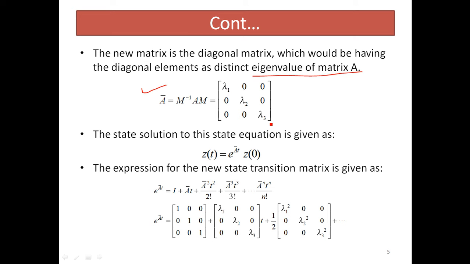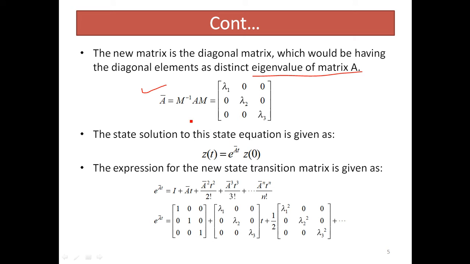So here the main thing is to determine the value of M. In turn, you can calculate the value of M inverse. Simply multiply M inverse into A into M and you would get the diagonal matrix for the new state space model z dot t equal to A bar z t.